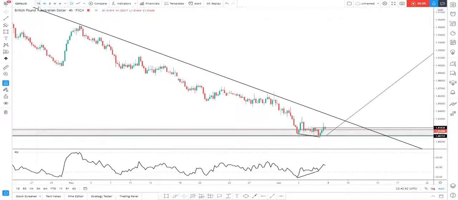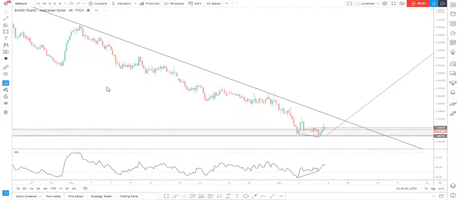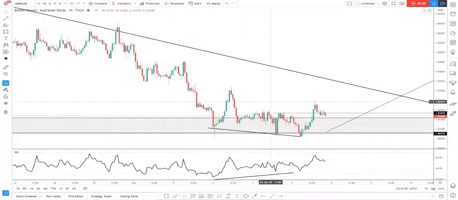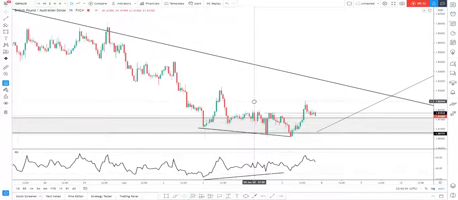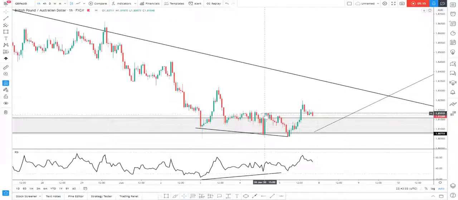Going down to the 1 hour time frame to complete the whole analysis and get a strength on our sentiment, we can see this area of structure broke and price did retest back into it and closed below it.